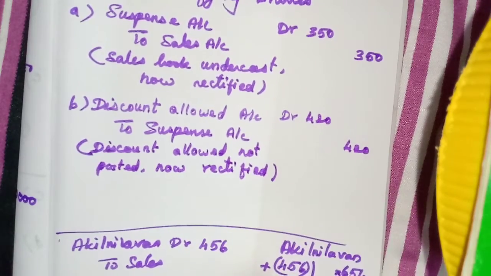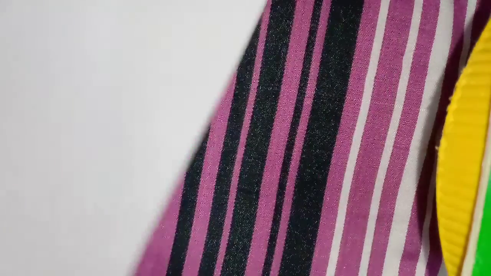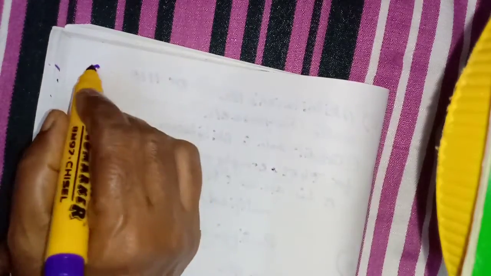Then see, listen carefully. The total of one page of the purchase book of 5353 was carried forward to the next page as 5533. Which book? Purchase book.